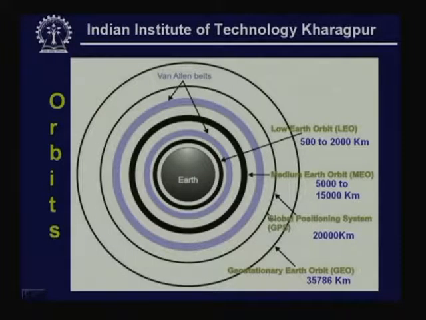However, there is another one in between MEO and the geostationary orbits, that is your GPS, global positioning system, another constellation of satellites which are placed at a distance of 20,000 kilometers. So, obviously, it is above the second Van Allen belt, but much below the geostationary earth orbit, which is at the distance of about 35,800 kilometer.